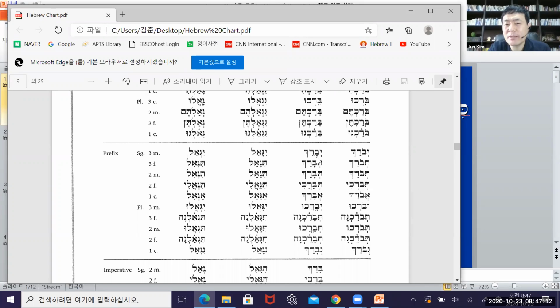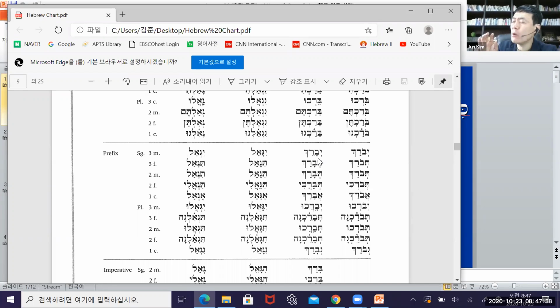So you recognize that actually the most expected vowel pointing for the strong verb PL under the first root letter is pata, but now we have a kamet. This is quite unique, and this is the time for us to pay attention to the vowel points. Previously, we didn't pay attention to the vowel points, especially under the first root letter.